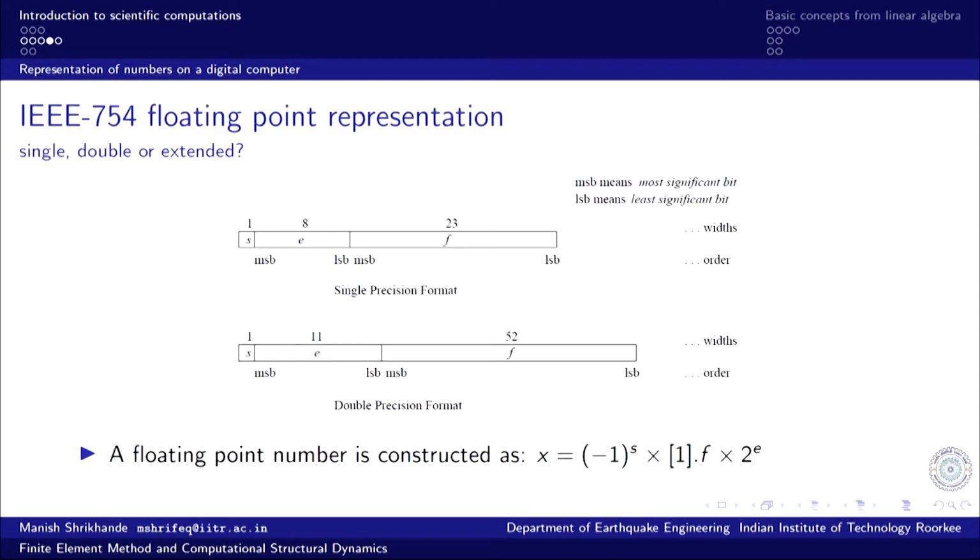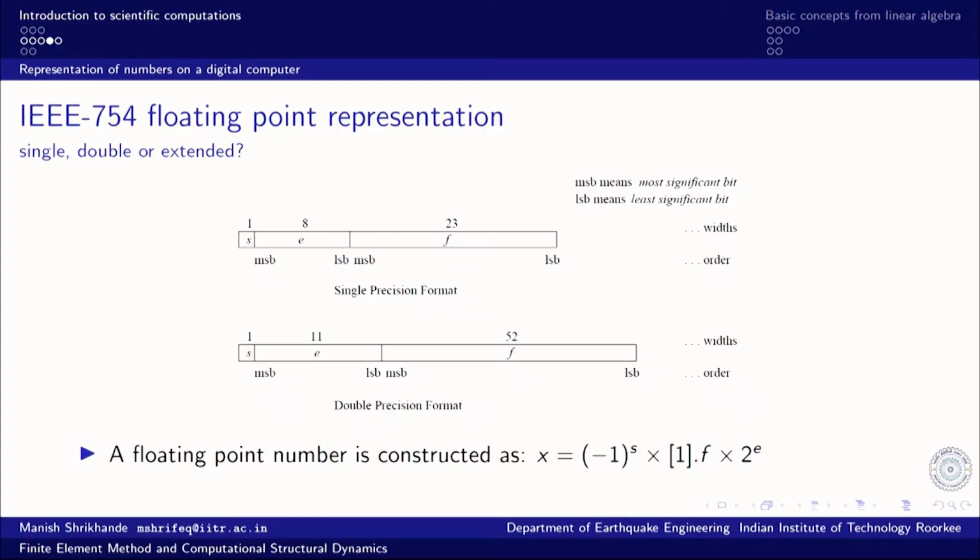Let us say x is a floating point number, I declare x as a float. Then that number is interpreted as minus 1 raised to the power s, where s is the sign bit. If s is equal to 0, that represents 1, because minus 1 raised to the power 0 is 1, and if s is 1, then it is a negative number, because minus 1 raised to the power 1 is minus 1.